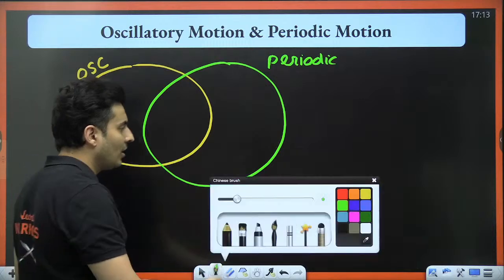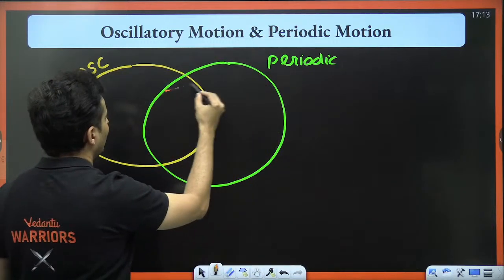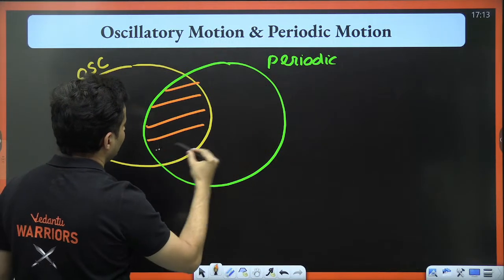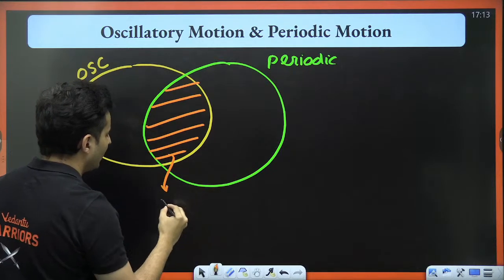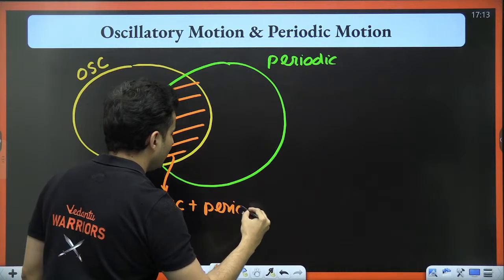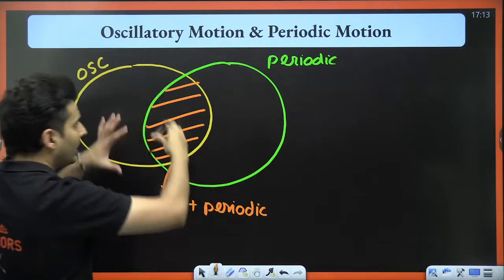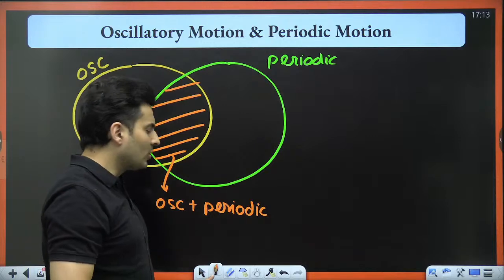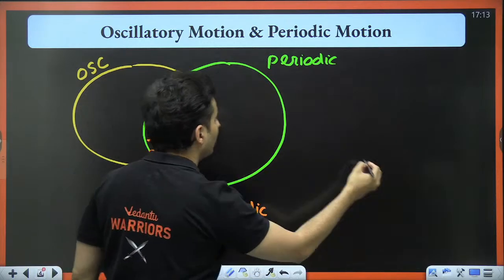That means they are both oscillatory as well as periodic. And anything outside of this is neither oscillatory nor periodic.